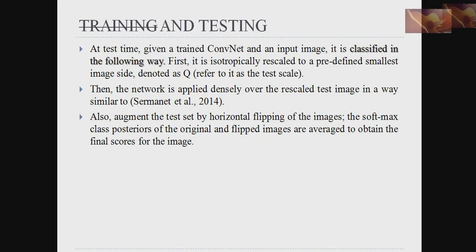So pooling was there, and the softmax gives you one particular score for each class. The higher the score, that class will be the output for the image.